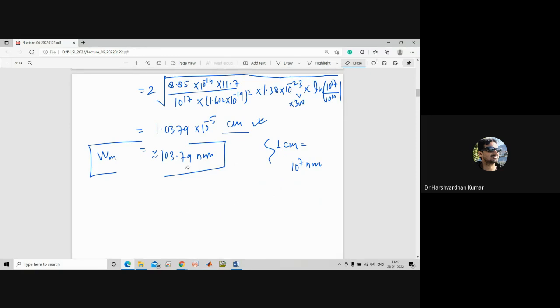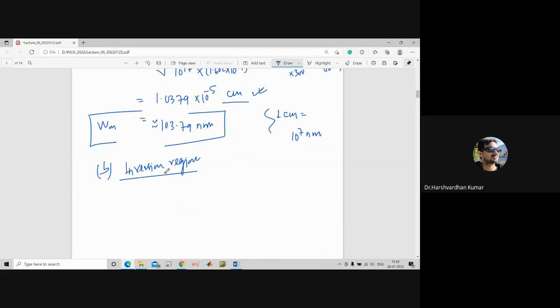Okay, so next, let's talk about the inversion region. What is the formula to calculate the inversion region? x is equal to root under 2 minus 1 by root 2 multiplied by Wm, right?